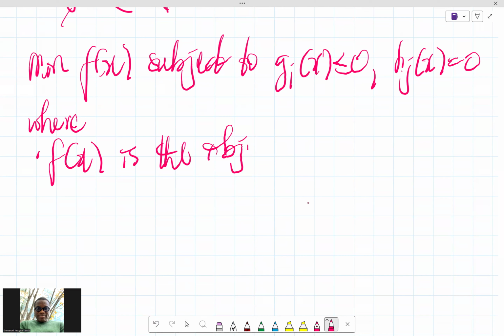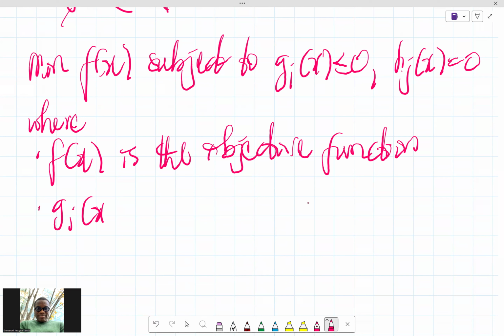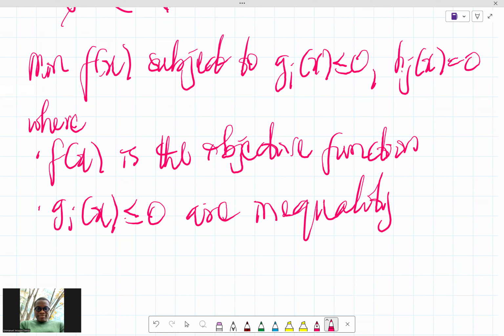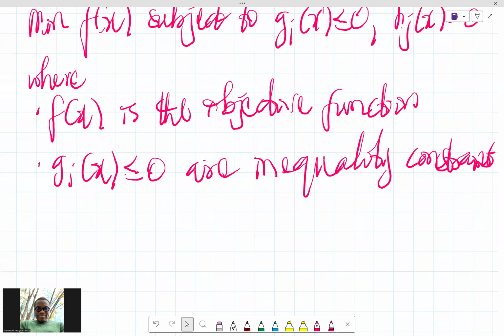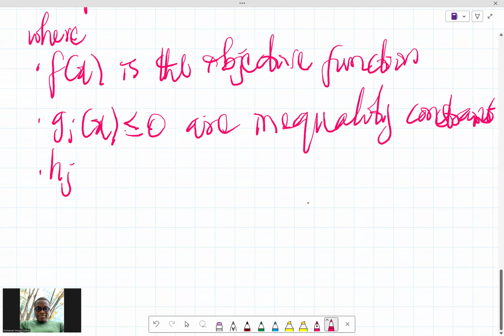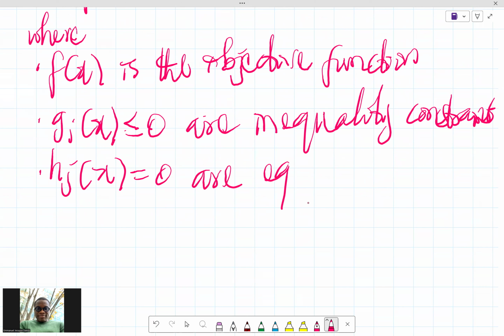The gi of x less than or equal to 0 are inequality constraints, and hj of x equals 0 are equality constraints.